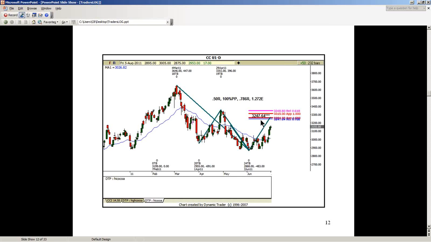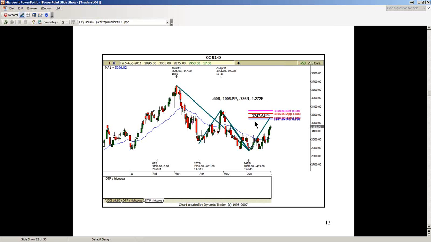So we just ended up with a price cluster zone that included a 50% retracement of one swing, a 786 retracement of another swing, a 100% projection of this prior low to high swing to the new low, and what else do we have? A 1272 extension. Let's see. Okay, I'm not actually seeing the line in there, but there was a 1272 extension in there.